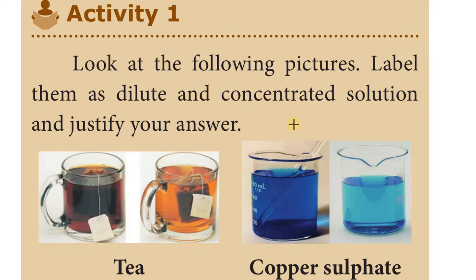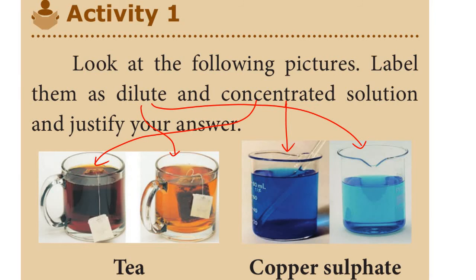So of course, this is the concentrated solution, and this one is your dilute solution, right? Now in this case, again the tea color is much lighter over here. So this is my dilute solution, and the one which is darker means there are many more tea particles in water over here. So this is my concentrated solution.